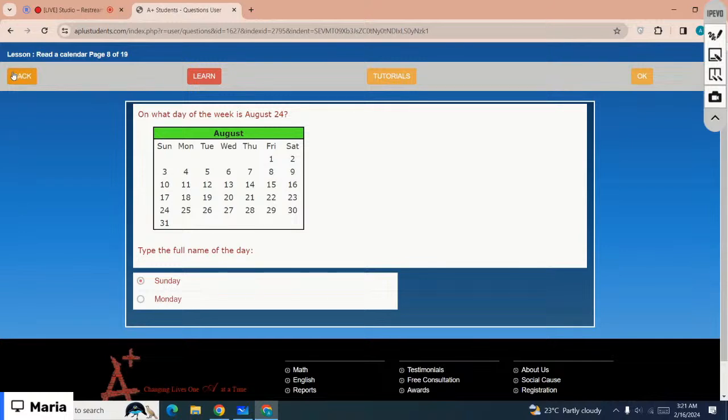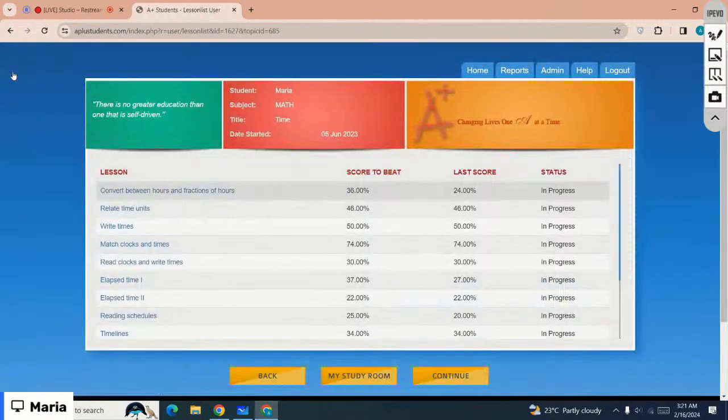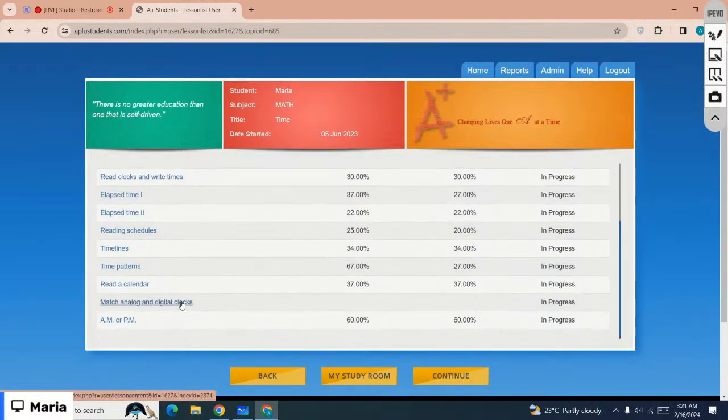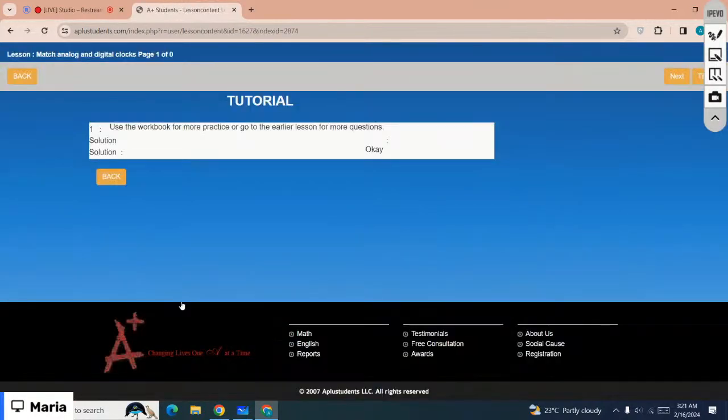Okay, you can complete the lesson by yourself later today. Let's just move on to the next lesson. The next lesson is match digital and analog clock. So which is the correct option?